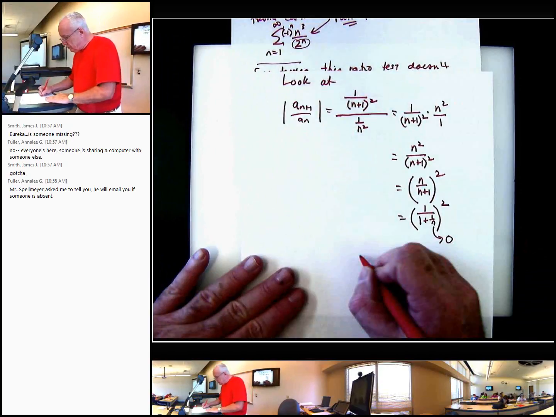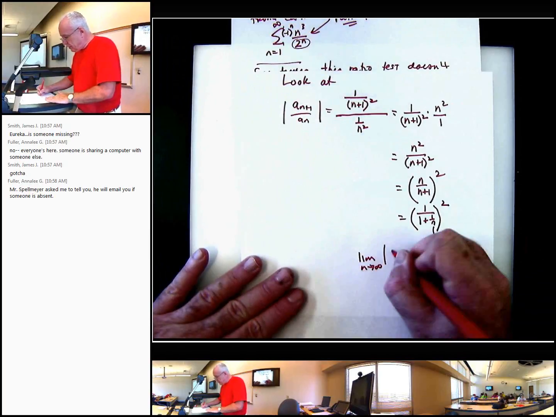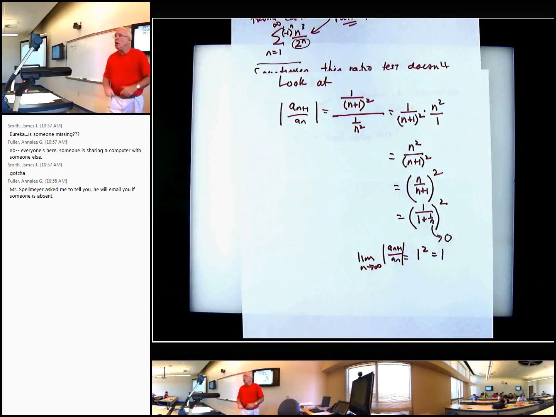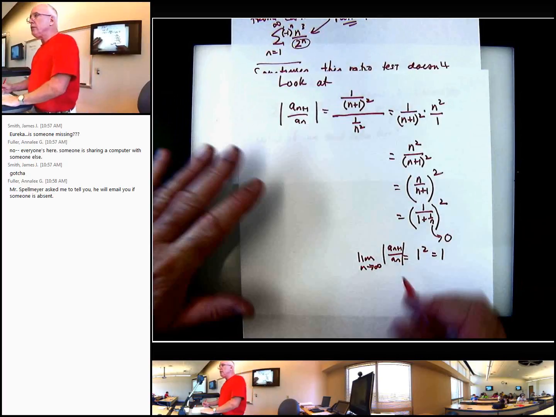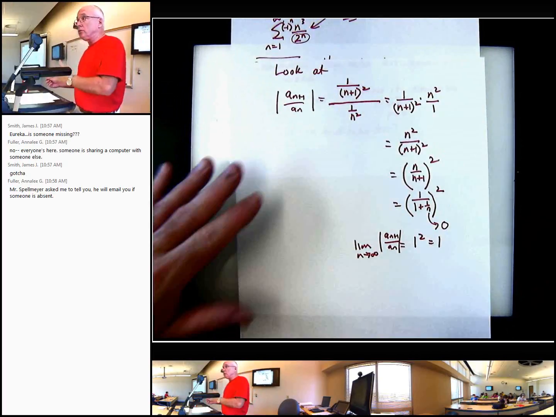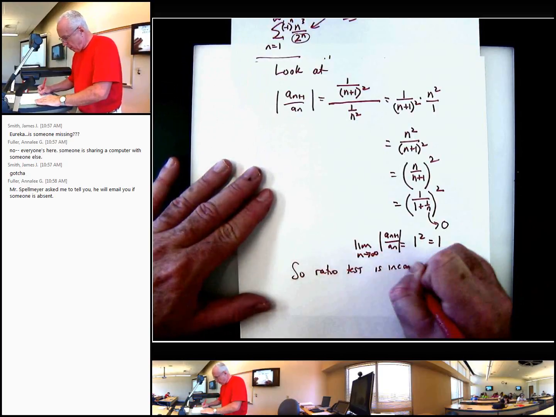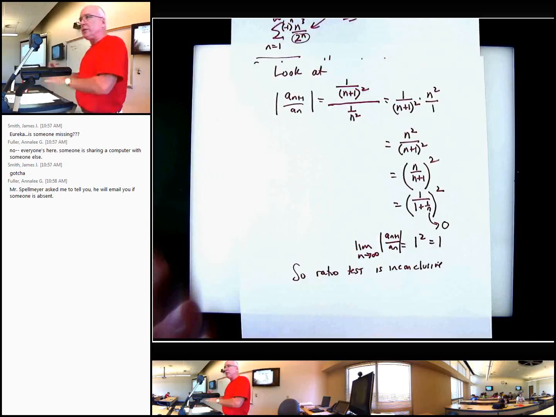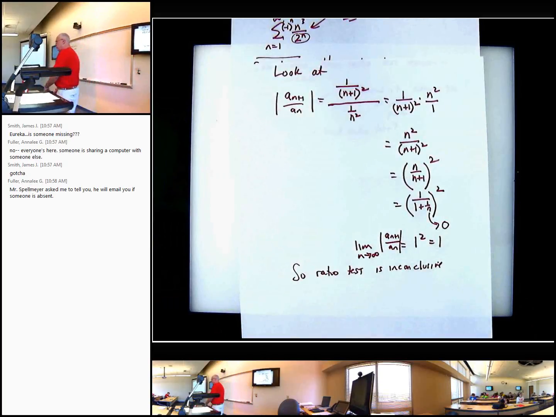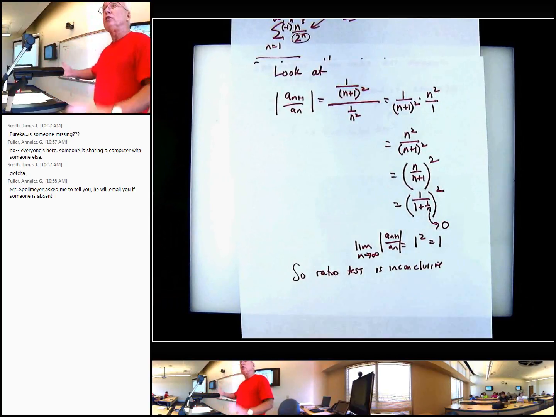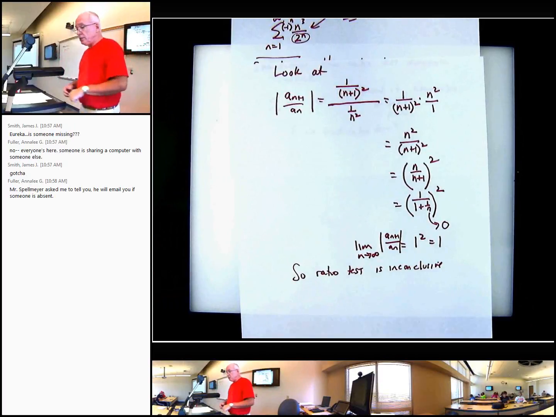So the limit, as n goes to infinity, of my ratio is going to equal 1 squared, which is equal to 1. When the limit is equal to 1, the ratio test itself is inconclusive. Of course, with this particular series, we didn't even have to go to the ratio test. We already knew that it was a convergent p-series, so we didn't have to bother. But I just wanted to show what happened in this case, and it was inconclusive.